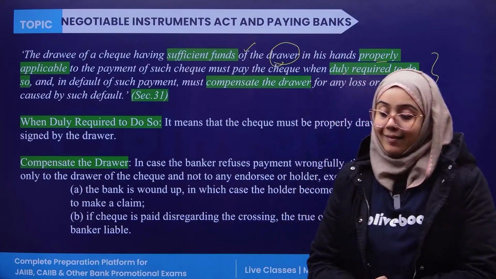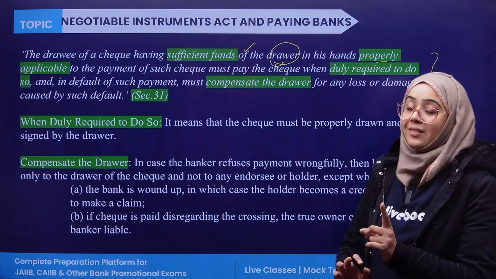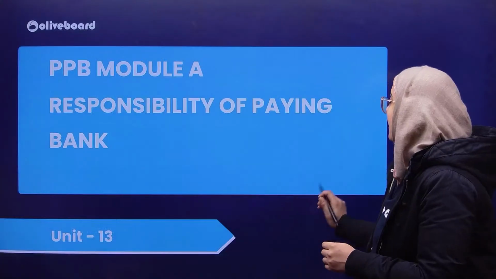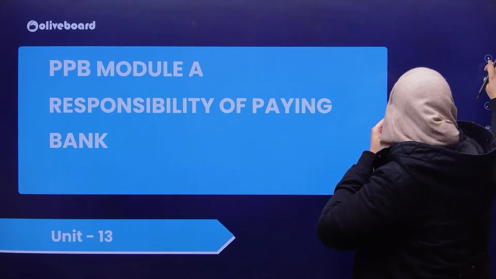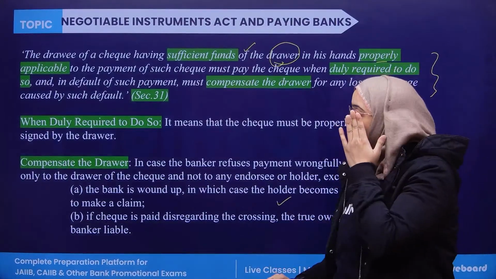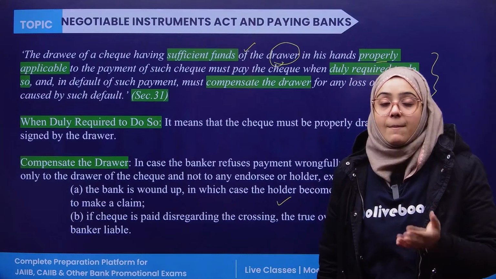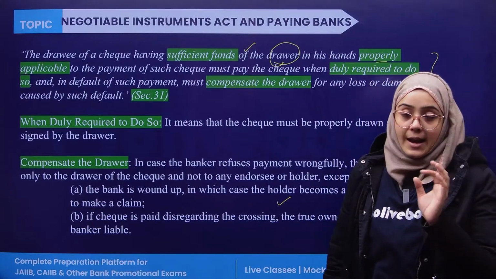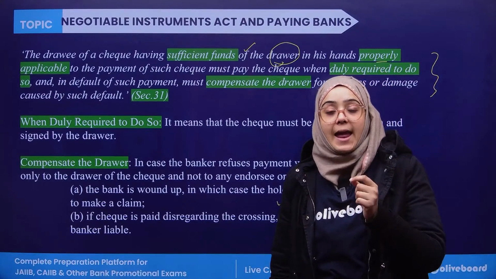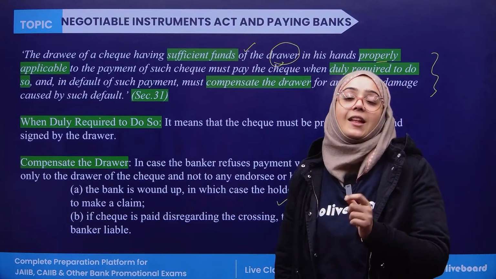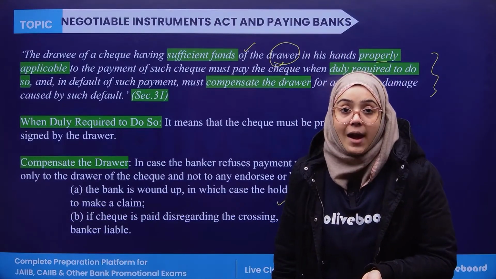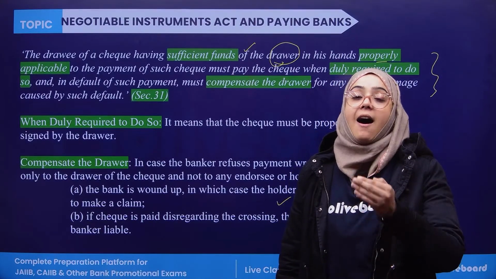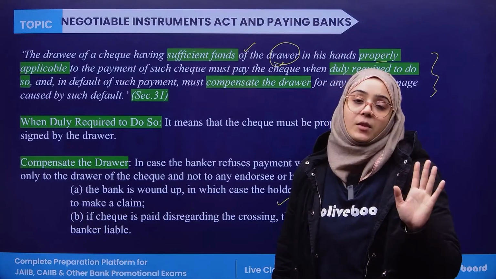And what are these circumstances? The first is when the bank is wound up. When the bank is wound up, the holder of the check can claim himself or herself as the creditor and ask for compensation from the drawee.